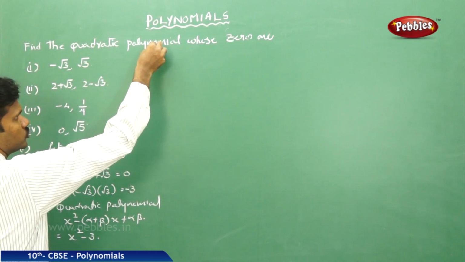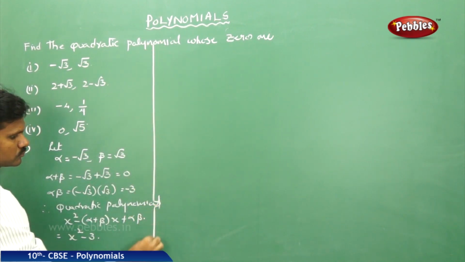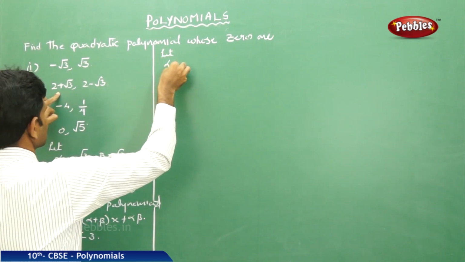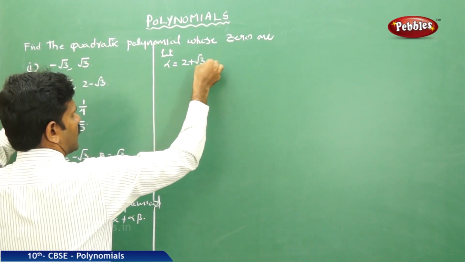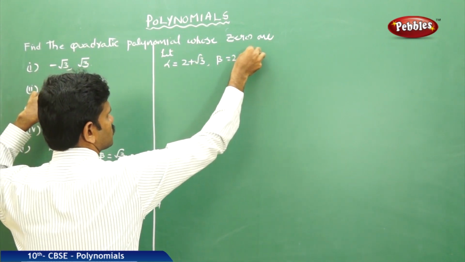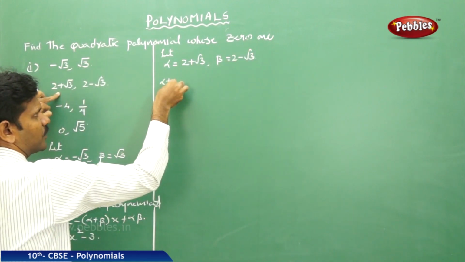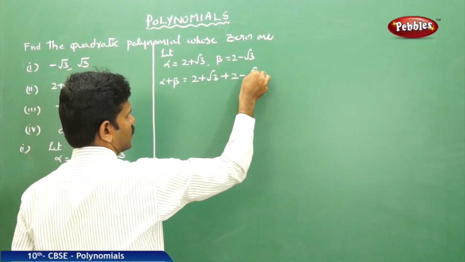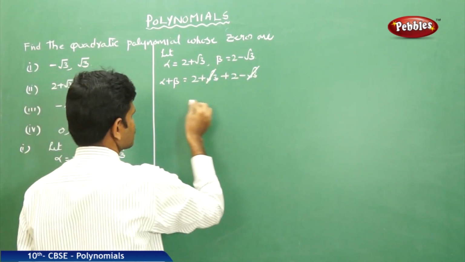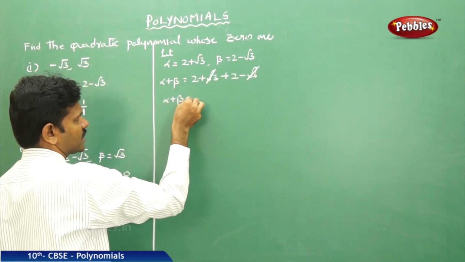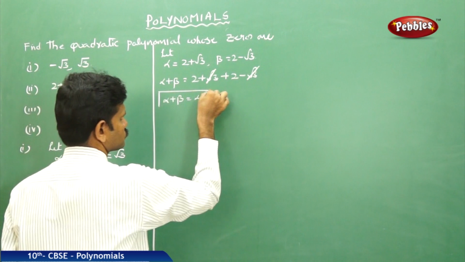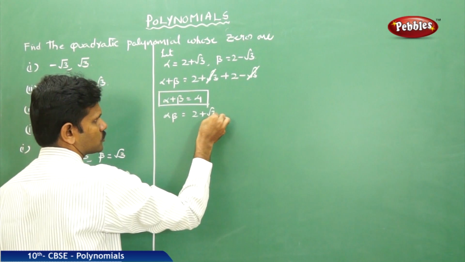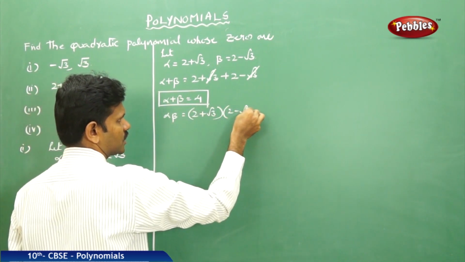Next, come to the second example. Let alpha be equal to 2 plus root 3, beta equal to 2 minus root 3. Now alpha plus beta is equal to 2 plus root 3 plus 2 minus root 3. Minus root 3 and plus root 3 get cancelled. Therefore, alpha plus beta is equal to 2 plus 2, nothing but 4. Next, alpha beta is equal to 2 plus root 3 into 2 minus root 3.